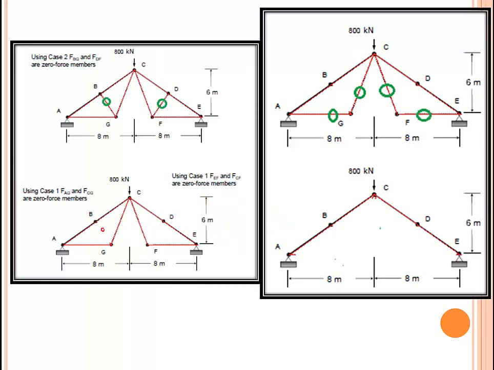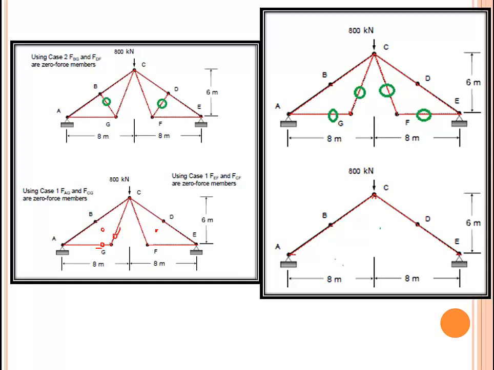As we remove both of these members, the truss becomes like this. Now if we move to joint G, there are two members at a joint and there is no external load, which means both of these members should be zero.